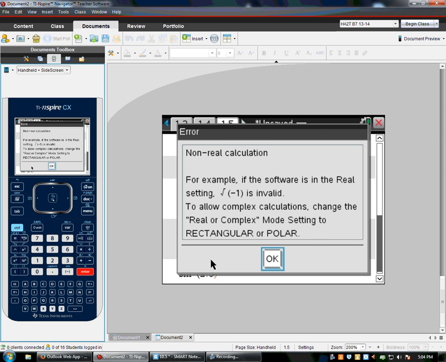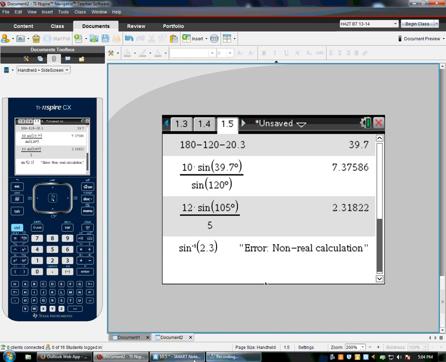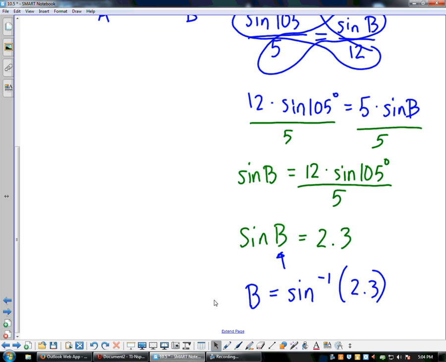we are getting an error message, non-real calculation. So that's no good. So why does that happen? Well, what you're going to be learning in trigonometry next year, and we can at least introduce you to this idea now, is that the sine of any angle, sine of angle B, sine of angle C, whatever it is, is going to have to be between -1 and +1.